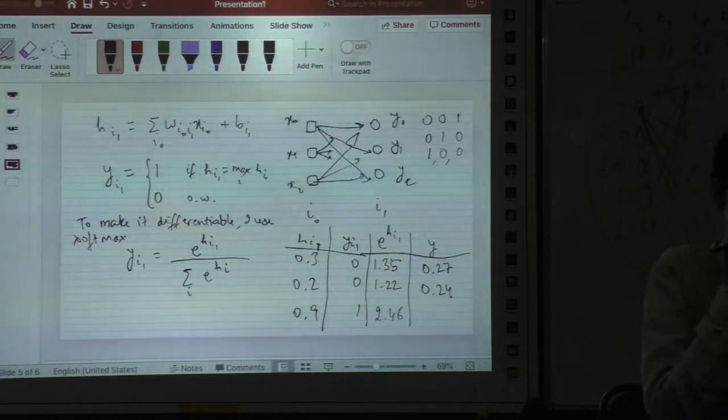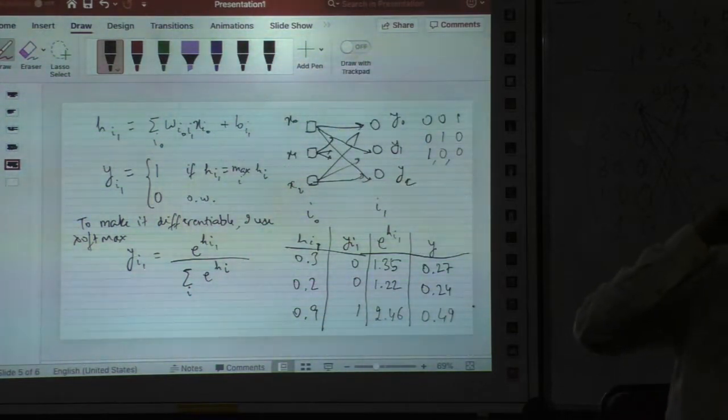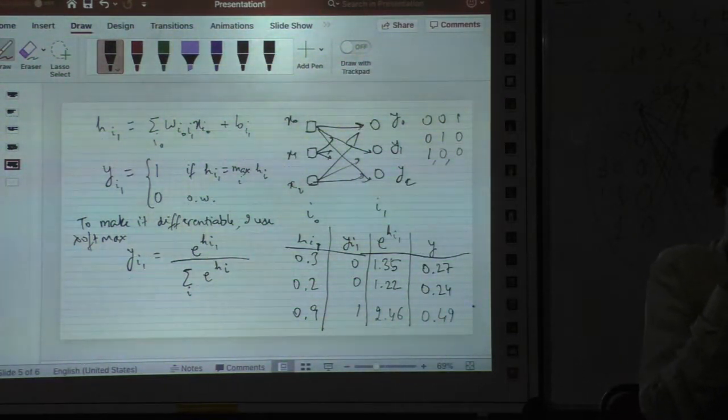And 2.46 divided by the sum? 0.49. Okay. So are you getting something of what you desired?